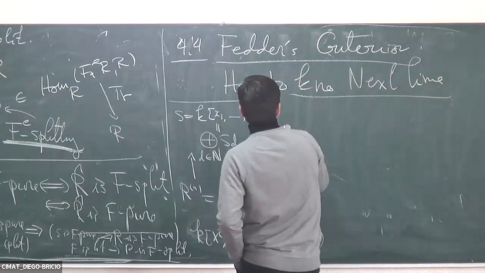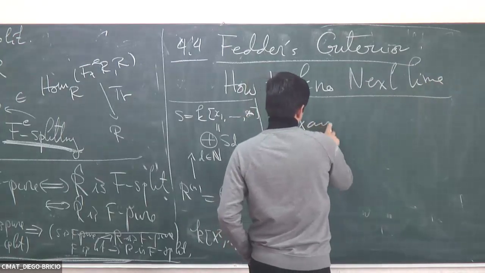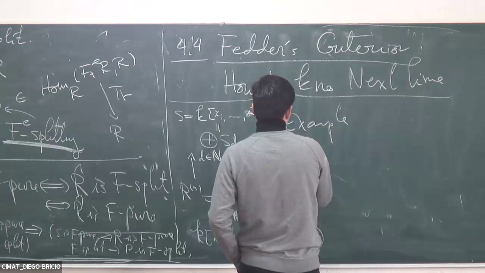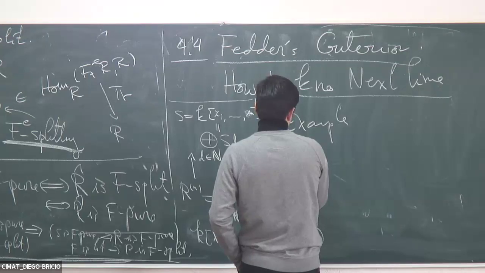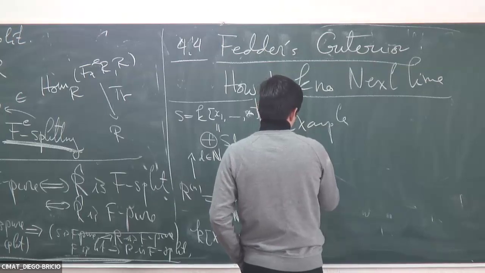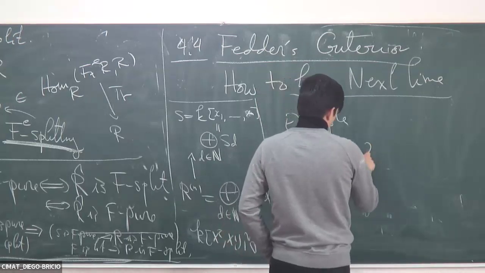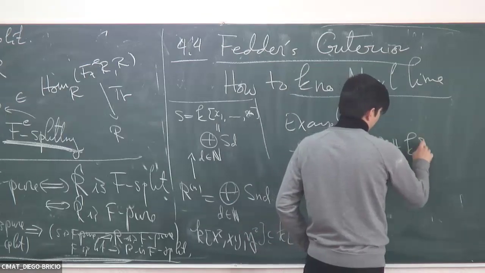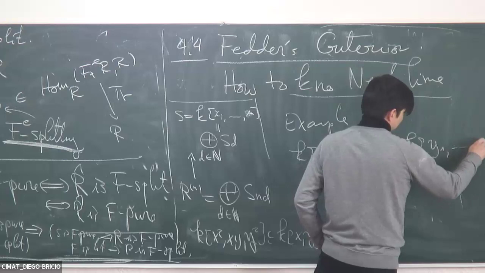Well, let me give you one more example. I mentioned Segre products. What is a Segre product of two polynomial rings? Let's say you have a polynomial ring in the x's. You can take its product with another polynomial ring in the y's.